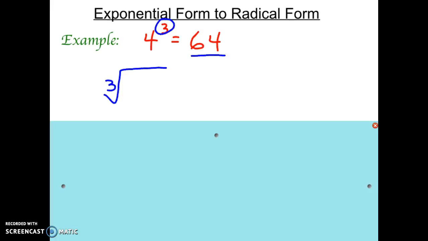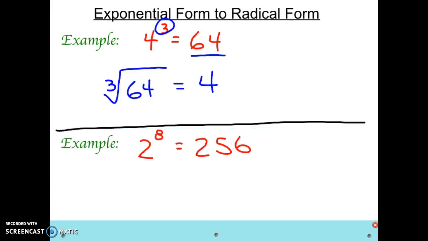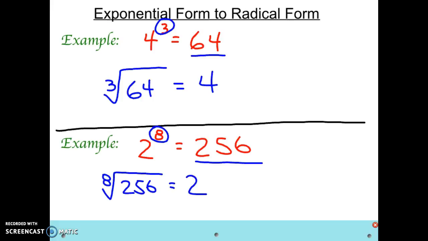What was the answer will become the radicand, and what was the base will now become the answer. If we look at the next example, once again we start with the radical symbol. The exponent was an 8, that will now be the index. What was the answer becomes the radicand, and what was the base is now our answer.